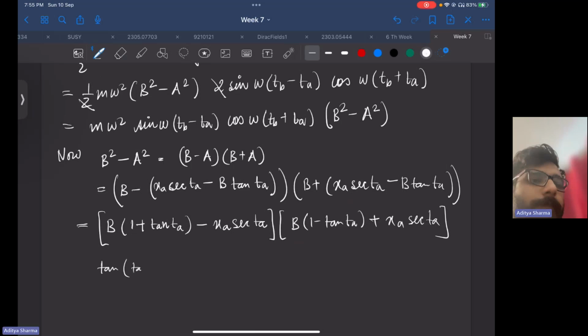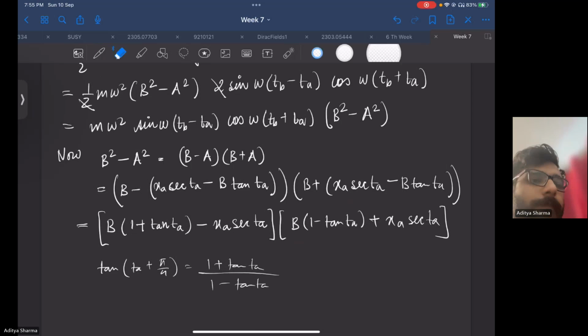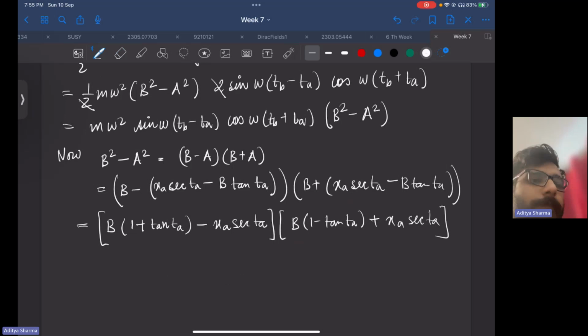Tan t plus pi by 4 is equal to plus tan t minus tan t. Okay, anyways, this will actually simplify.